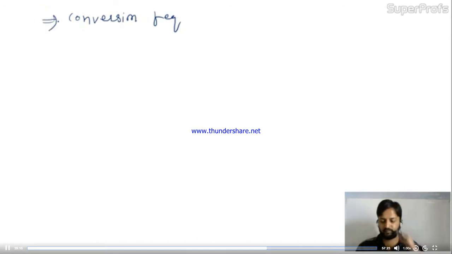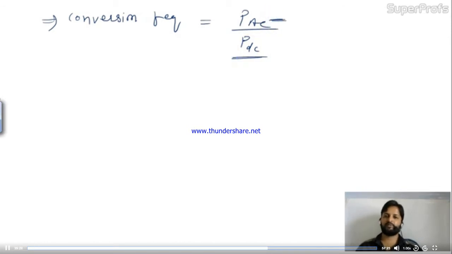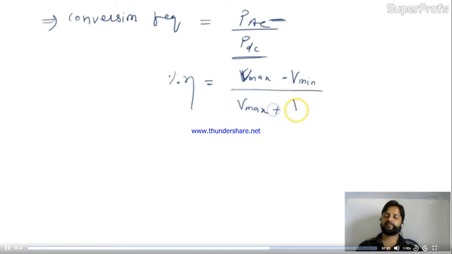Conversion efficiency. Okay. Again, the conversion efficiency formula is PAC divided by PDC, I can say. This is the DC power supplied and this is the AC power supplied to the load. Okay. So directly I'll come to the efficiency formula, and efficiency in percentage over here is nothing but V max minus V min divided by V max plus V min into 100.